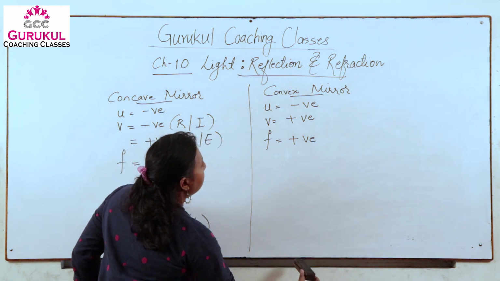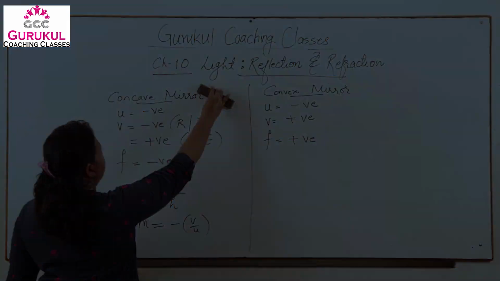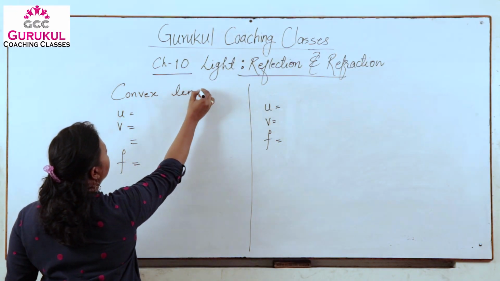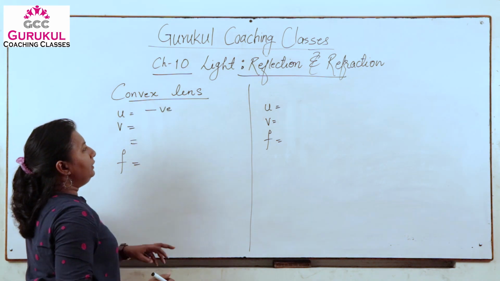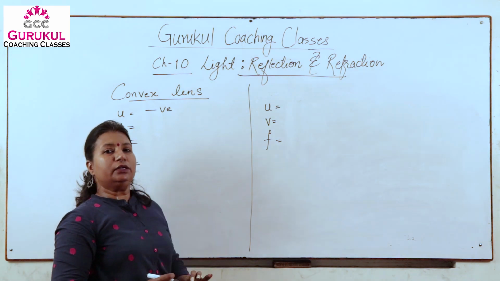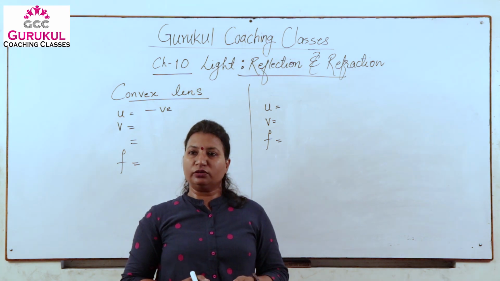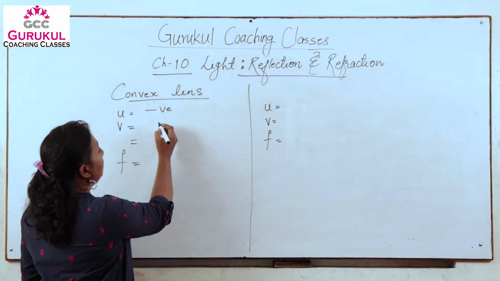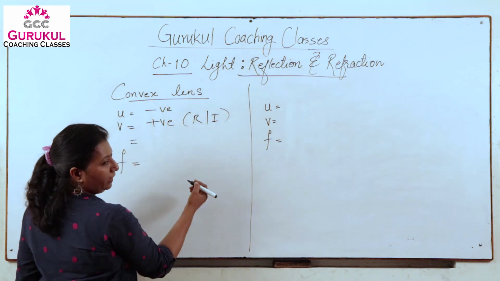Now I will give you the different signs for the lenses. In case of a convex lens, U is negative, and it is always giving us a real and inverted image. But the real and inverted image in case of lenses always forms in the direction of the incident ray, so we always take V positive in case of a real and inverted image.